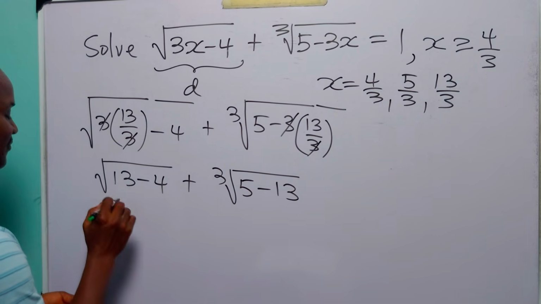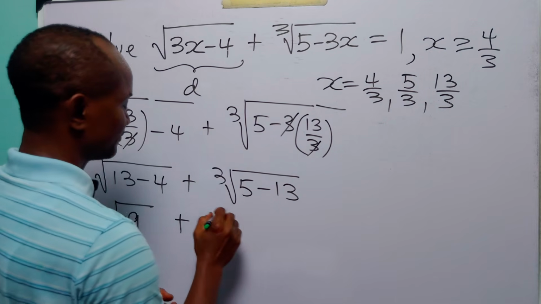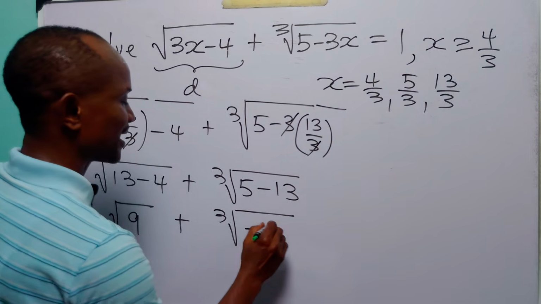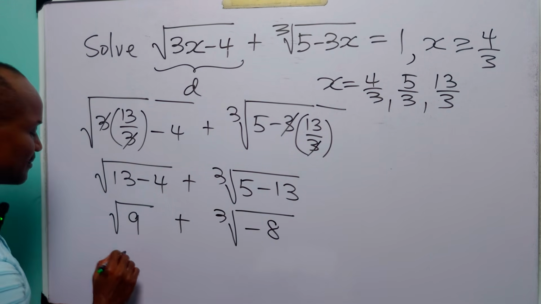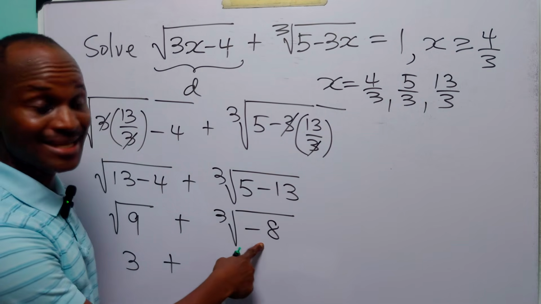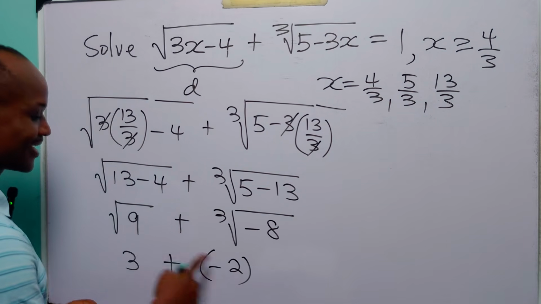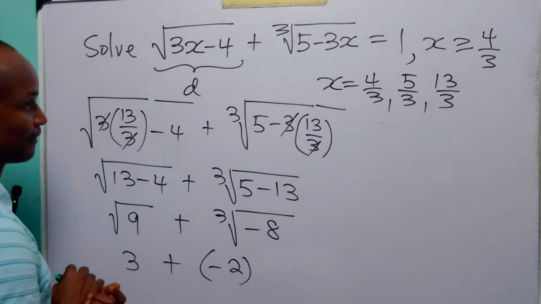Now, 13 minus 4 is 9, and 5 minus 13 is minus 8. The square root of 9 is 3, and the cube root of minus 8 is minus 2, and 3 minus 2 is equal to 1.